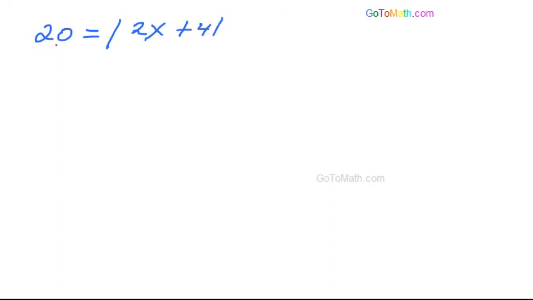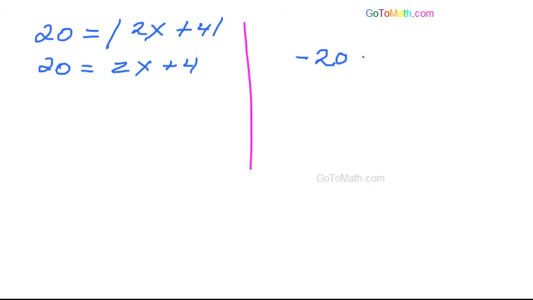The first thing we want to do here is drop the absolute value sign. So we have one equation, and then we'll write the other equation. We're going to make this side negative, whatever you want to do there. And then 2x plus 4.